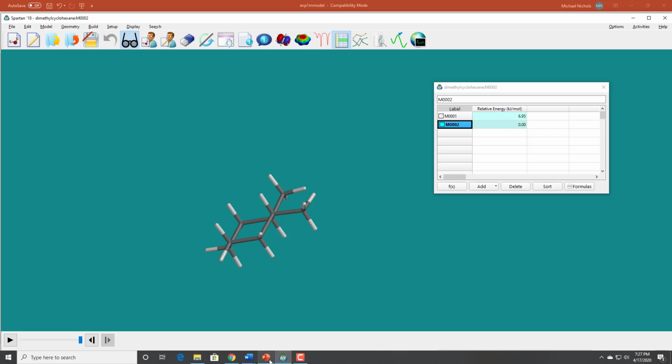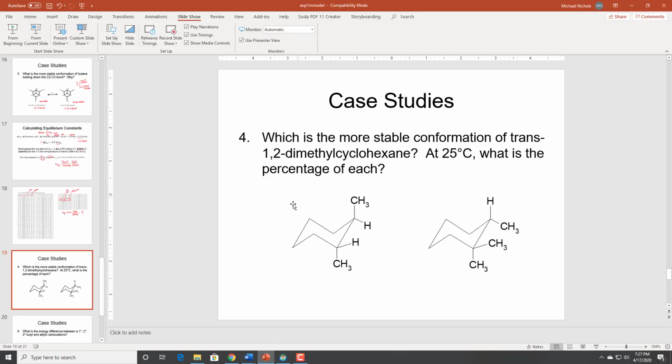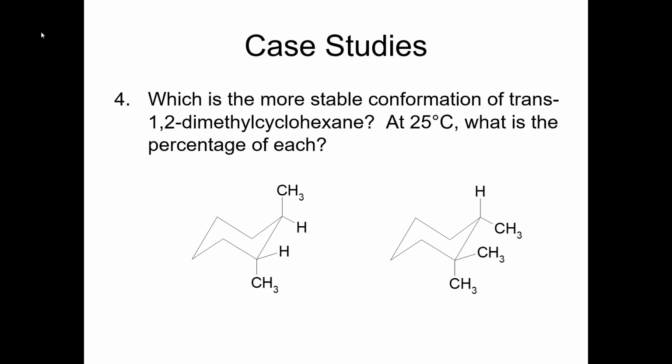So we could go back to our slide and say, okay, what was that? That was like 6.95. So in other words, for the diaxial, it was 6.95 kilojoules per mole, and for the diequatorial, in the diequatorial, it was 0 kilojoules per mole.